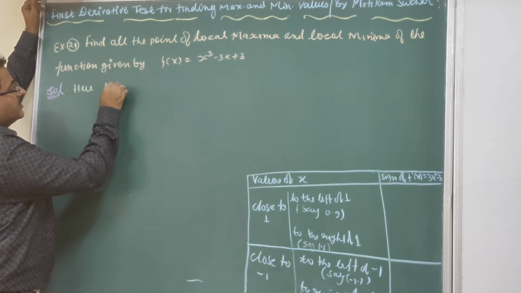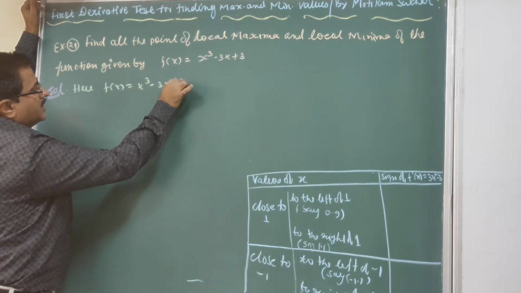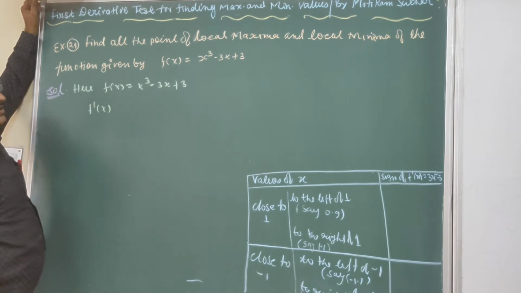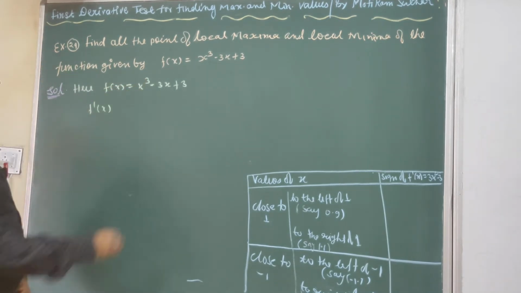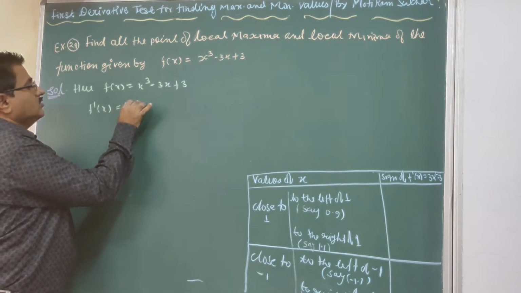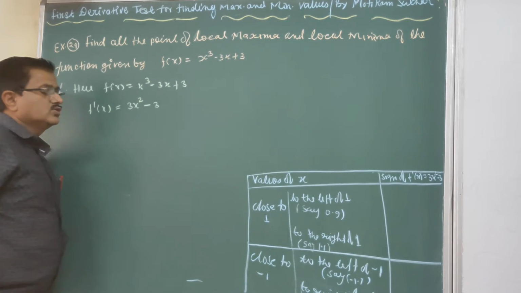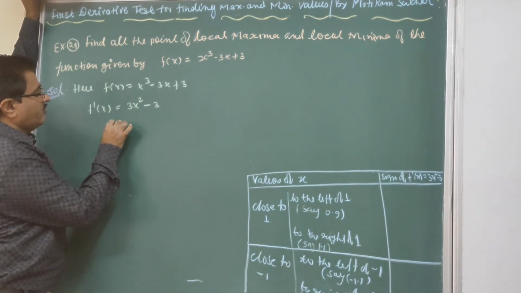So here f(x) equal to x power 3 minus 3x plus 3. Find the derivative by differentiating with respect to x. As you already know, the derivative of x power 3 is 3 x square, minus 3x is minus 3. So the derivative is this.